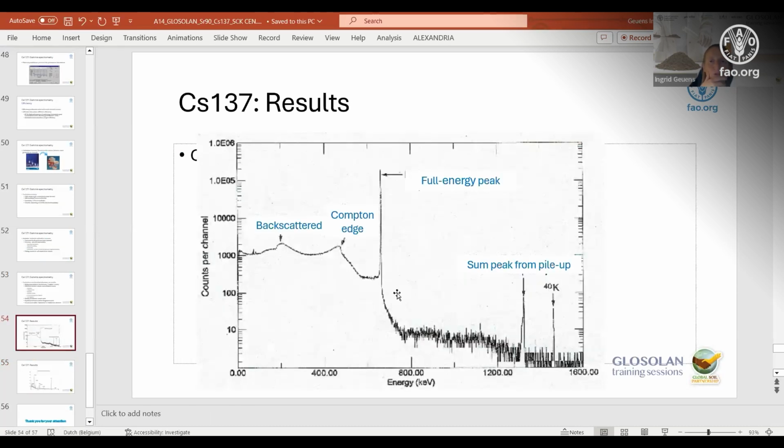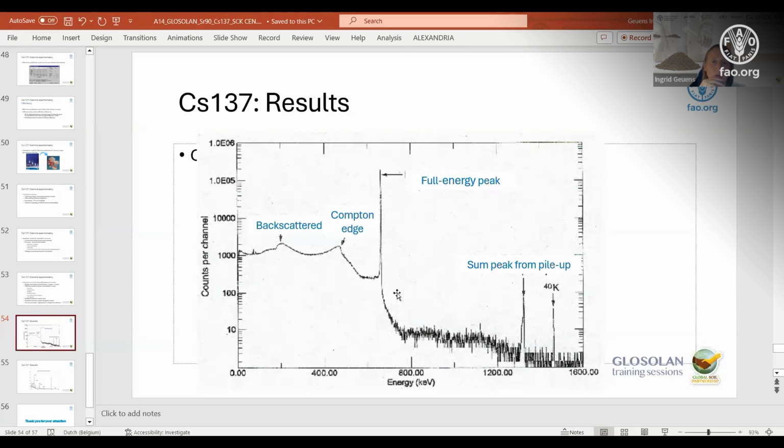Just to show you some results. This is a full spectrum for cesium, where only cesium was present and a small amount of other nuclides, but most of it was cesium. As you can see, you see the full energy peak of cesium-137 at 661 kiloelectron volt.